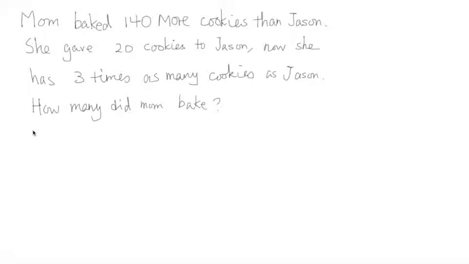Okay, so in this problem, we have some numbers, and one of those is the 3 times. So when you see this number, you know that it's probably a sum and multiple or difference and multiple problem. And in this case, the multiple is clear. It's 3 times.